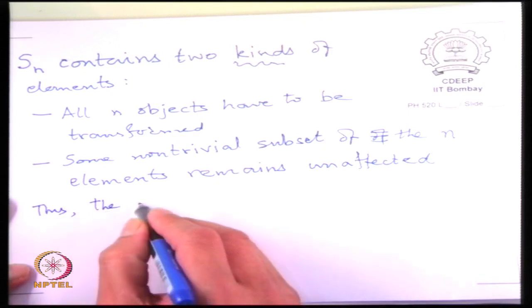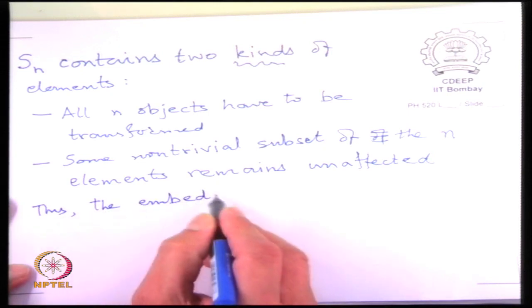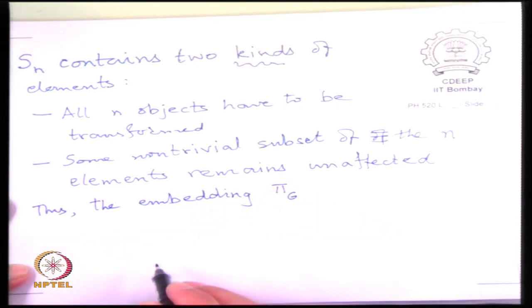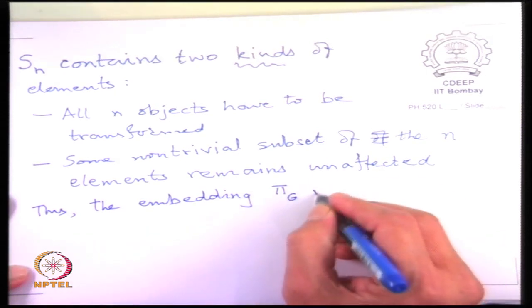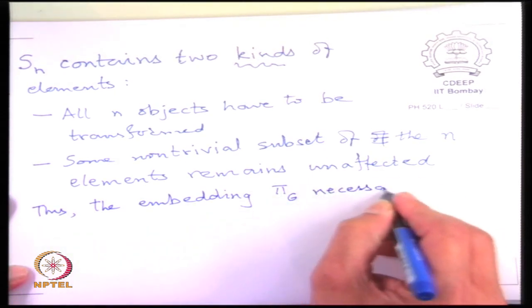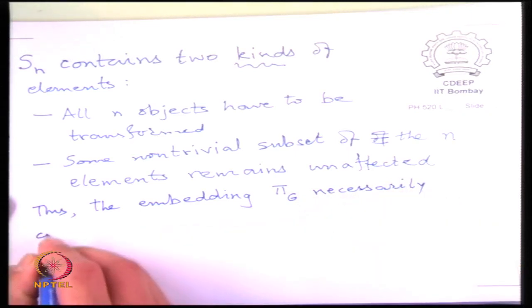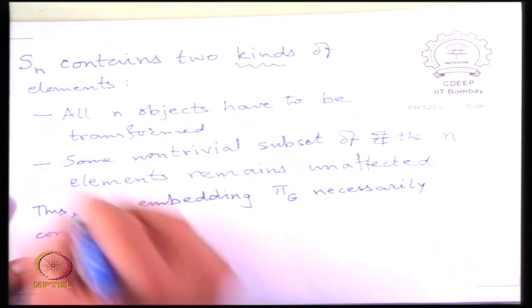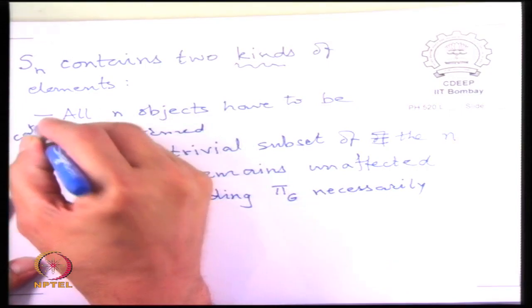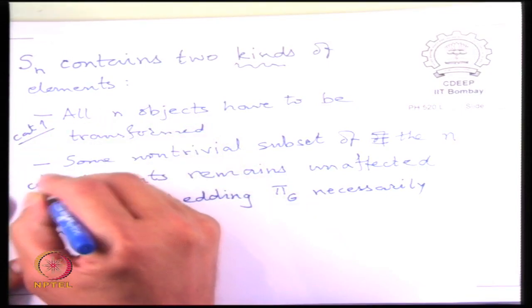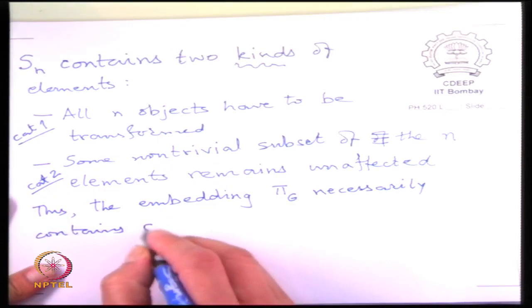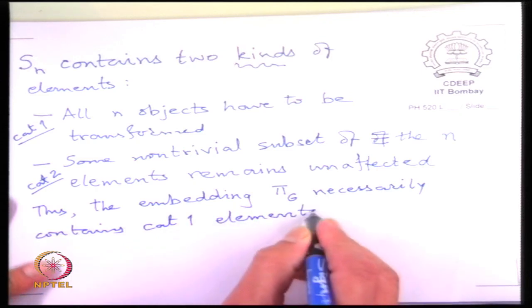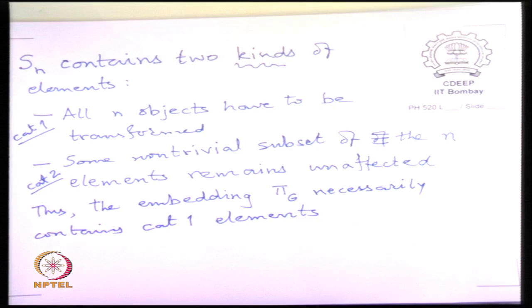The embedding pi of G necessarily contains category 1. So let us call this category 1 and category 2. Okay. Do we agree with this?